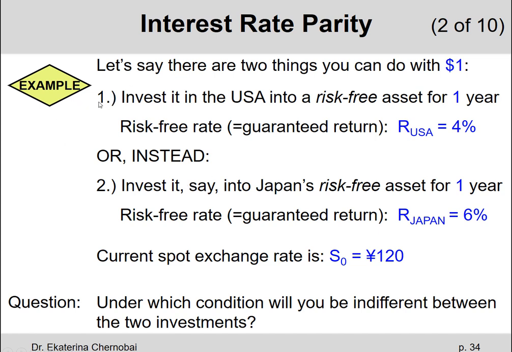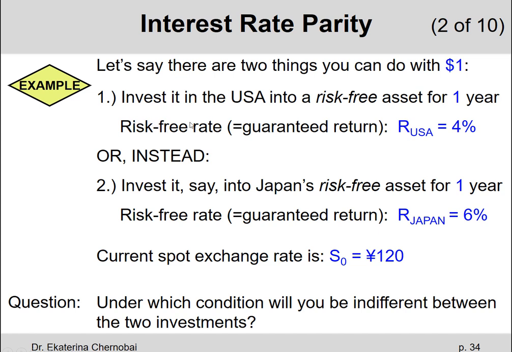Let's look at option number one. You want to invest it domestically within the United States. You want to make a risk-free investment with a guaranteed return after 1 year. What is the name of a risk-free asset in this country? It's basically the short-term government bond called Treasury bill, and the return you would get on it is known as the risk-free rate.